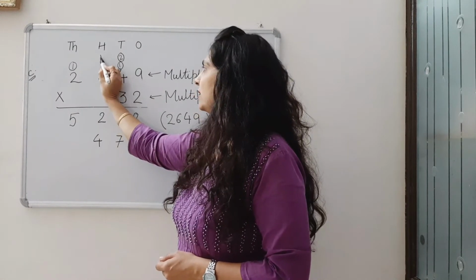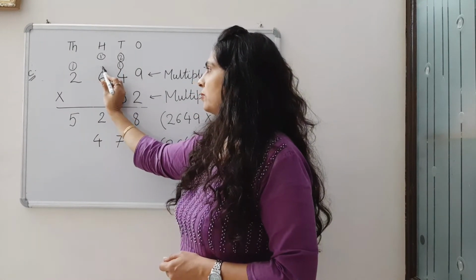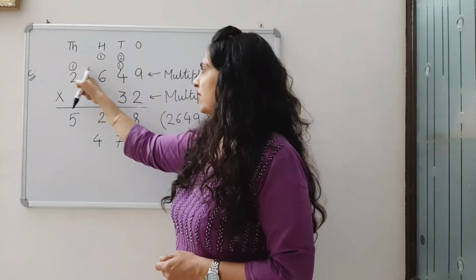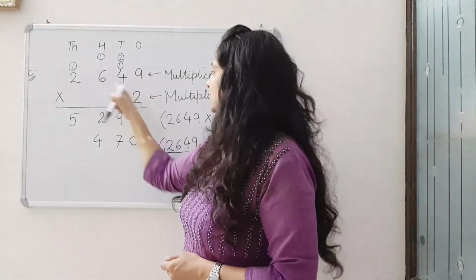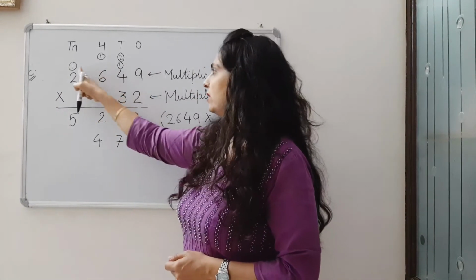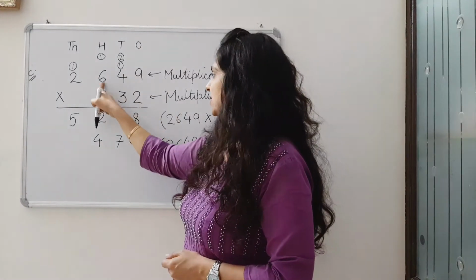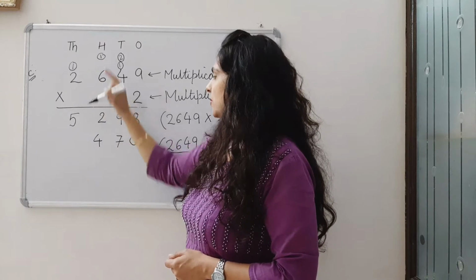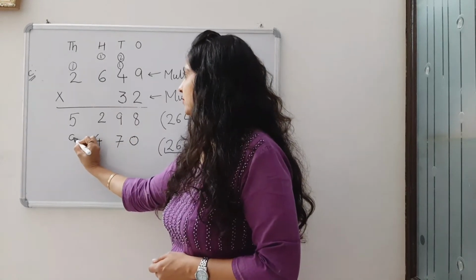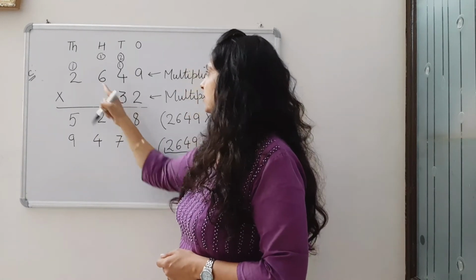Now 1 carry here, not here, because we carried over for the 1's place multiplier over here. So we have to write over it. Okay. 3 6s are 18 plus 1, 19.